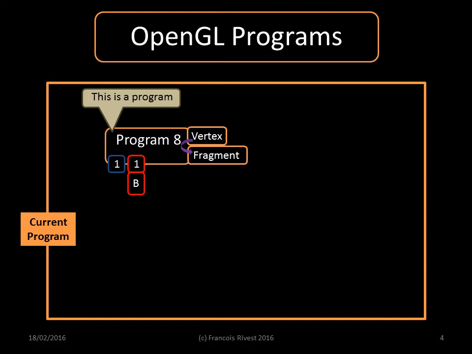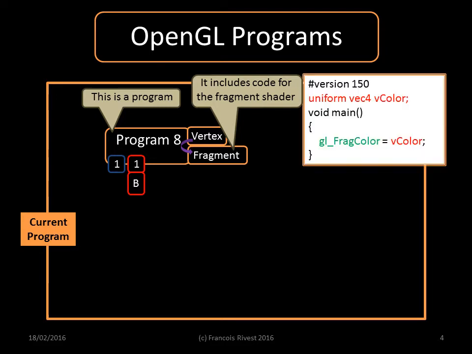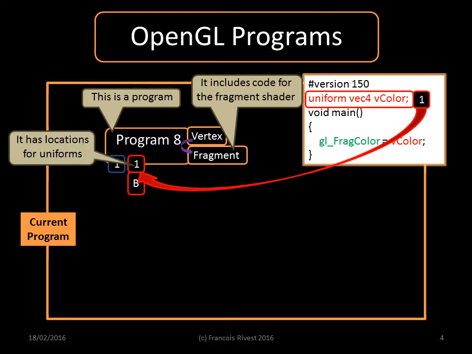Okay, so similarly to the vertex shader, the fragment shader also has a piece of code. Here's an example of a very simple fragment shader. It's just receiving a color and it's setting it as the final color. It receives a uniform, and uniforms, like attributes, have specific locations, so they're not text from the OpenGL point of view, they are just numbers.